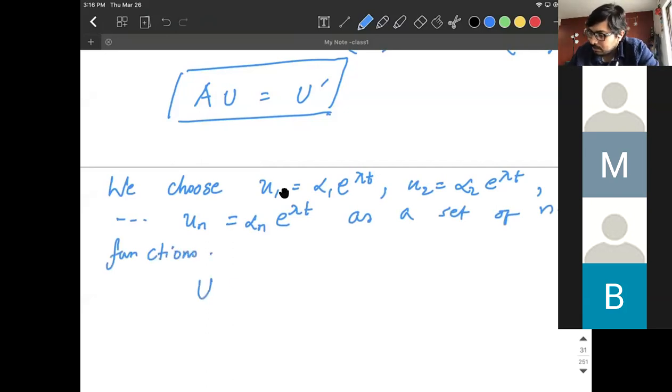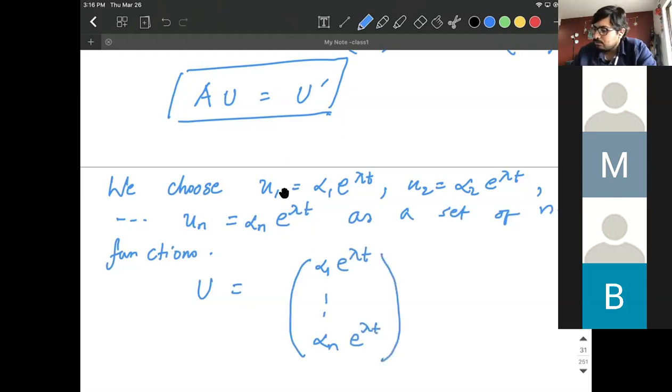So let U be this vector of functions, alpha 1 e to the lambda t up to alpha n e to the lambda t. Okay, so we want U to be a solution.